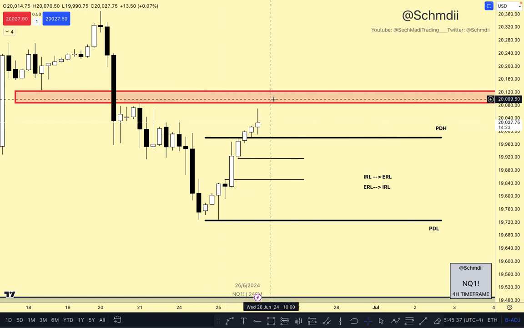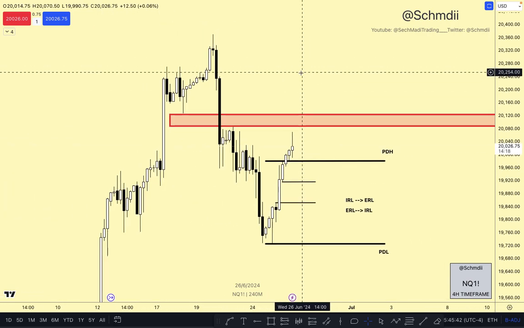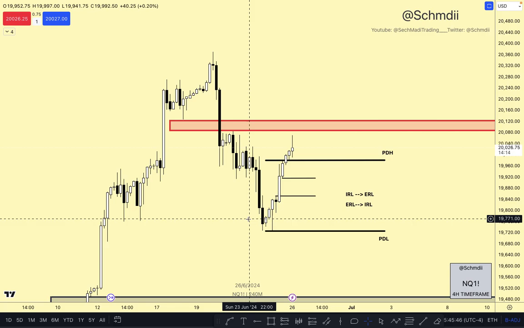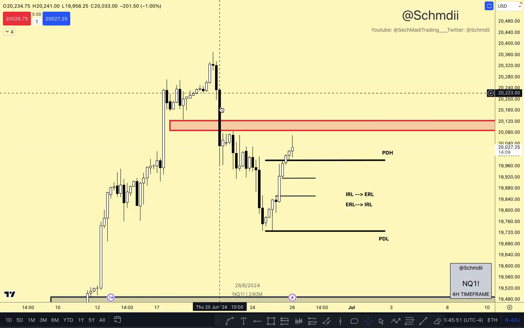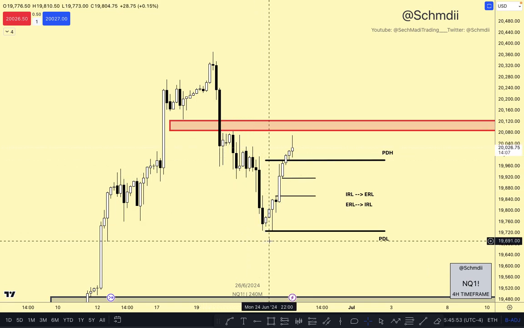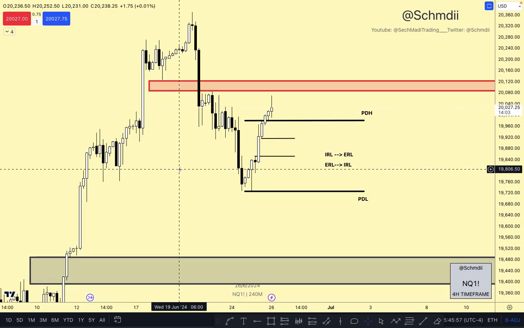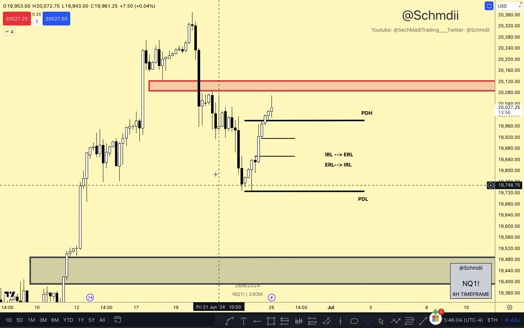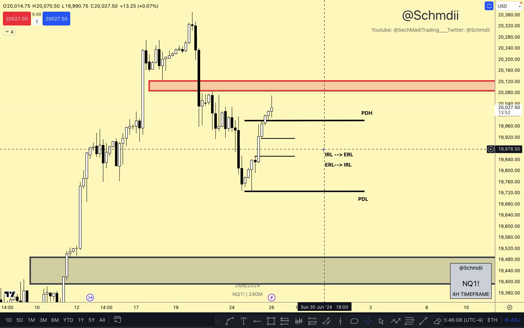Price could push up there and then make its way down into this area if the bearish bias plays out. I'm anticipating a bearish bias. As you can see, we've had strong displacement to the downside, but if it doesn't play out, it doesn't play out. We will just act accordingly and follow proper risk management while waiting for signs that indicate that price is likely to progress to the downside.